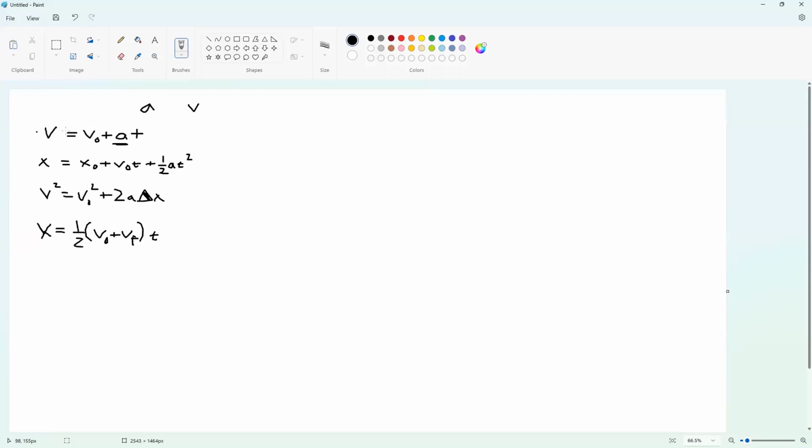And how long does it take her, and the speed? Which one, velocity initial or velocity final? Final, right? That's correct.